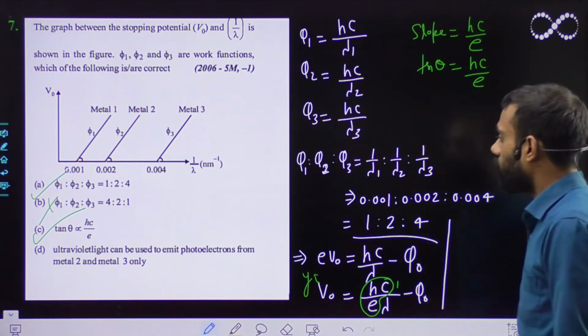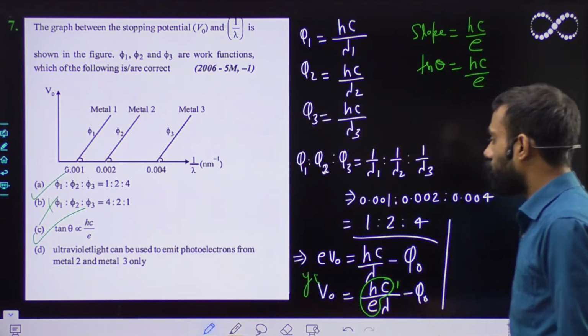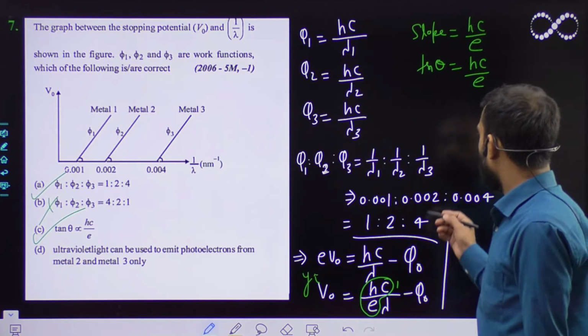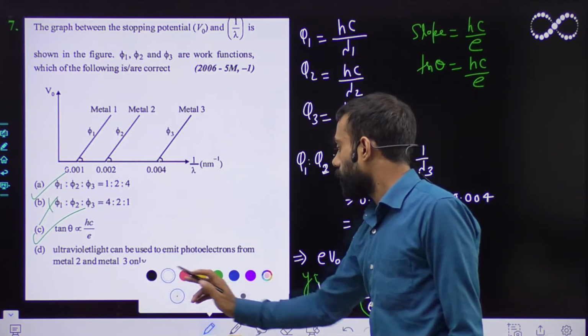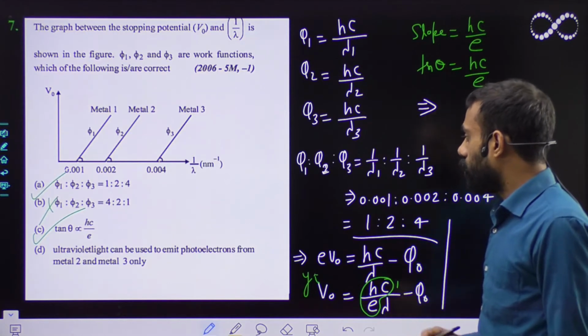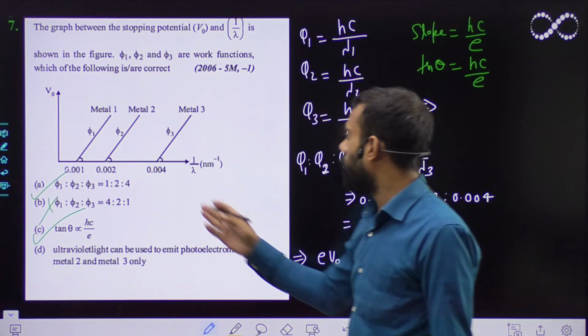Now let us check the validity of D: the ultraviolet light can be used to emit the photoelectrons from metal 2 and metal 3 only. In order to check this, I will have to calculate the cutoff wavelength of all the metals.